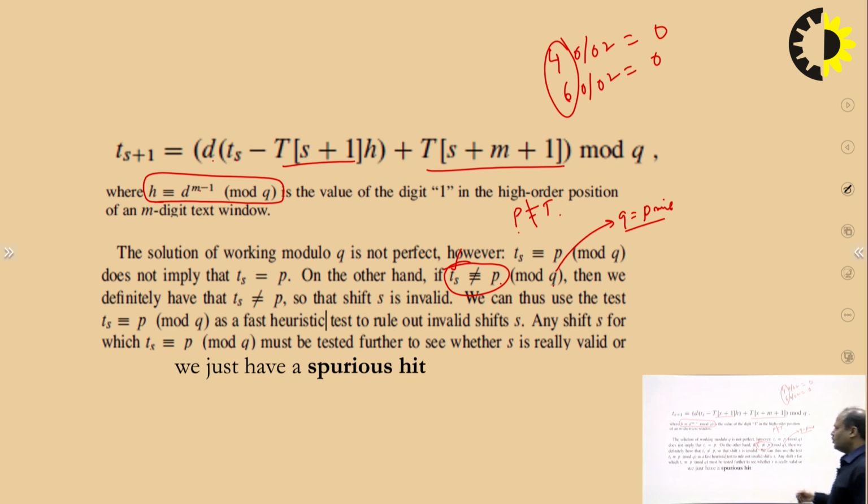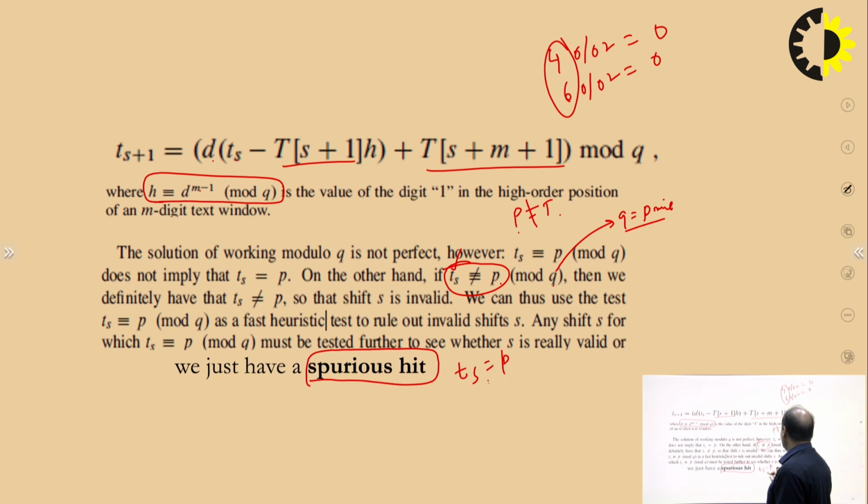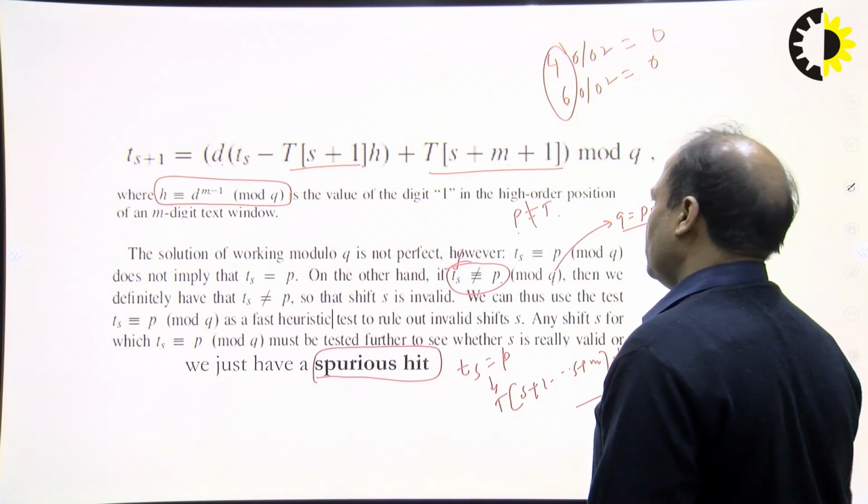So based on this concept, there is the concept of a spurious hit: if Ts and P are equal, but text S plus 1 to S plus M is not equal to pattern 1 to M, then that will be treated as a spurious hit.